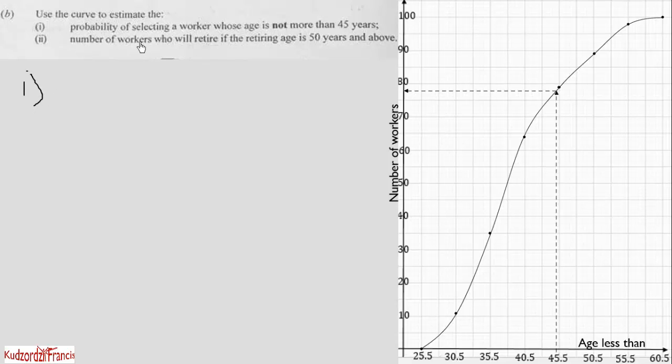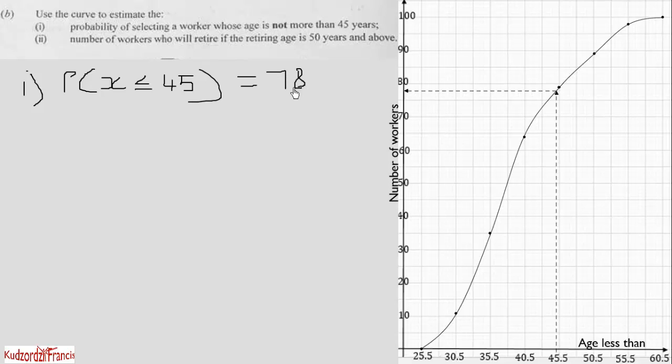So this will be the probability of selecting a worker whose age is not more than 45. Probability that a worker, let me use X for it, X is less than or equal to 45 years will be equal to 78 out of the total.